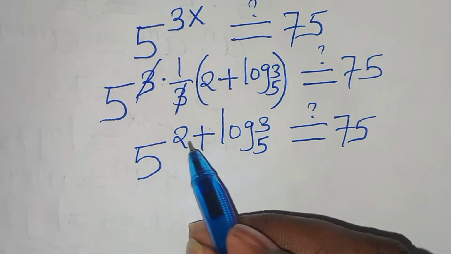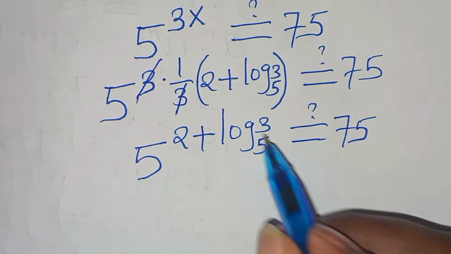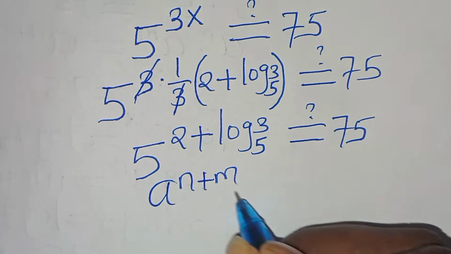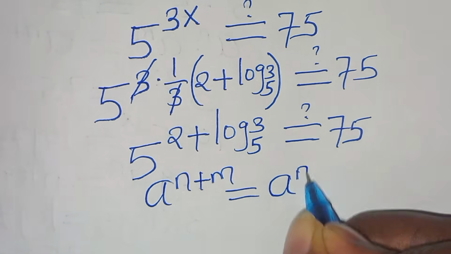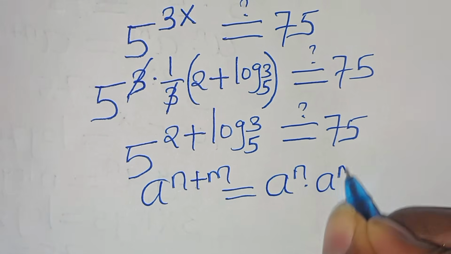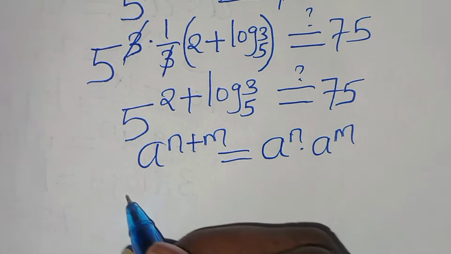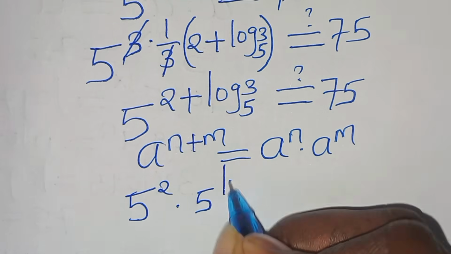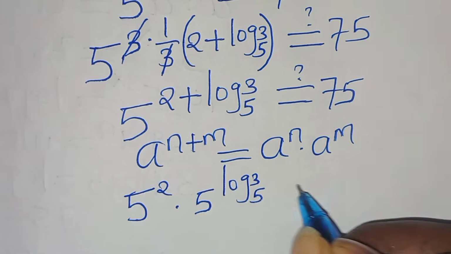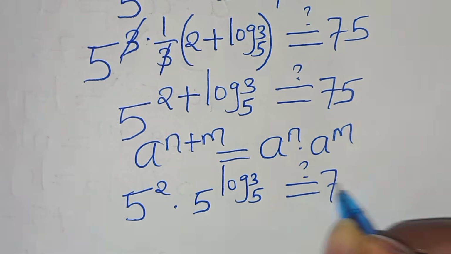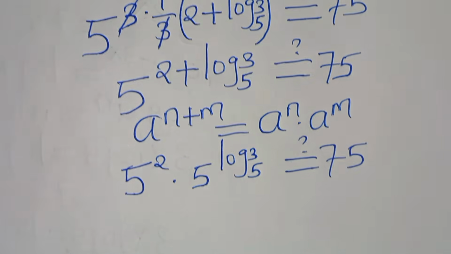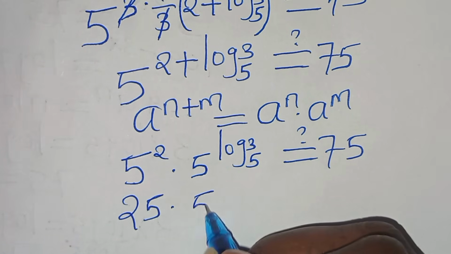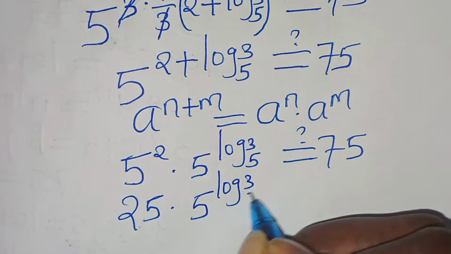Now, 5 to the power of 2 plus log 3 to base 5. This is in the form of a to the power of n plus m, which we can express as a to the power of n times a to the power of m. So that here we have 5 to the power of 2 times 5 to the power of log 3 to base 5. And this is supposed to give us a value of 75. 5 squared, this is 25, times 5 to the power of log 3 to base 5.